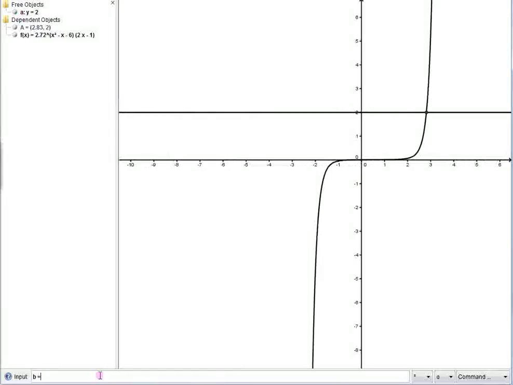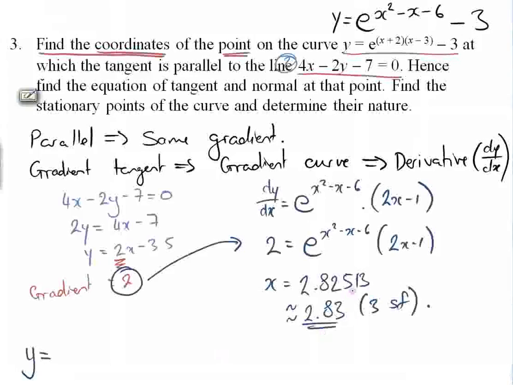So b equals, and then I'm just going to type in the equation for my curve, which is e to the power of, and then I'm just going to enter in my value. Oh no, it didn't give me the right one, did it? Anyway, I had it anyway. It's 2.82513, right? 2.82513, yep.